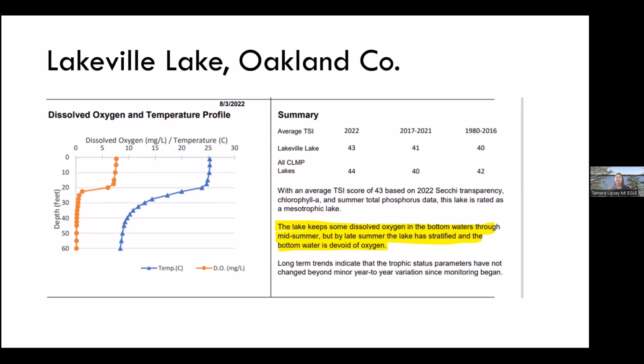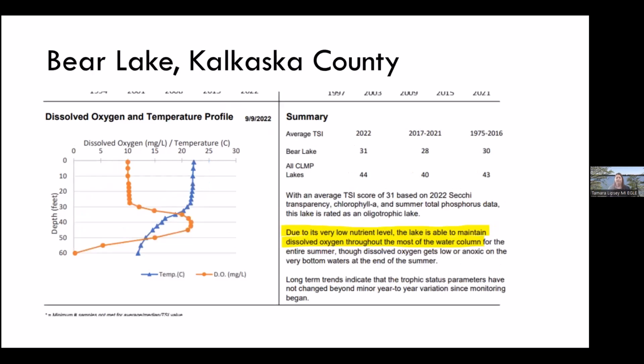It looks fairly similar to the results we've been showing you so far, where during the summer, this is August 3rd, the dissolved oxygen levels decrease to 0. There's a pretty strong thermocline. So this is often what we will see in a lake that has the different layers.